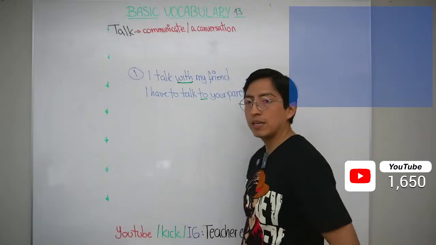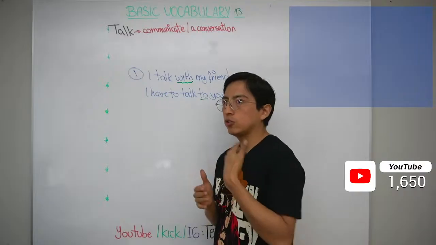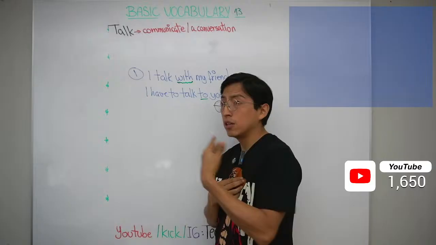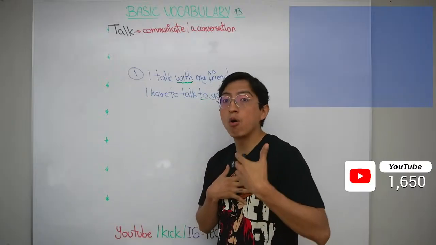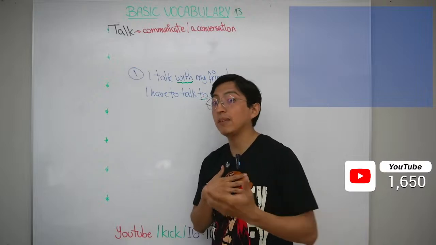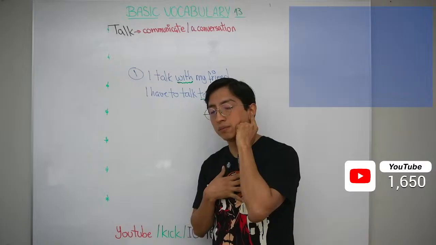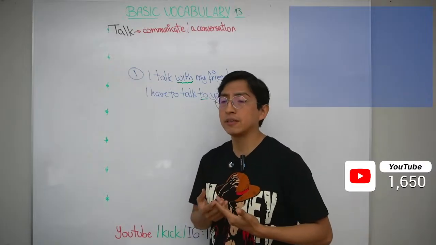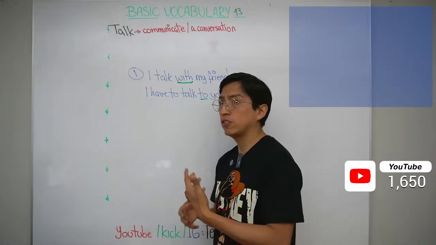Talk with. And number two, talk to. Let's put this situation: you talk to your parents. In the case of the teacher, for example, I need to talk to your parents. It means I'm going to speak most of the time, and my parents are going to listen. I have something very important to say.